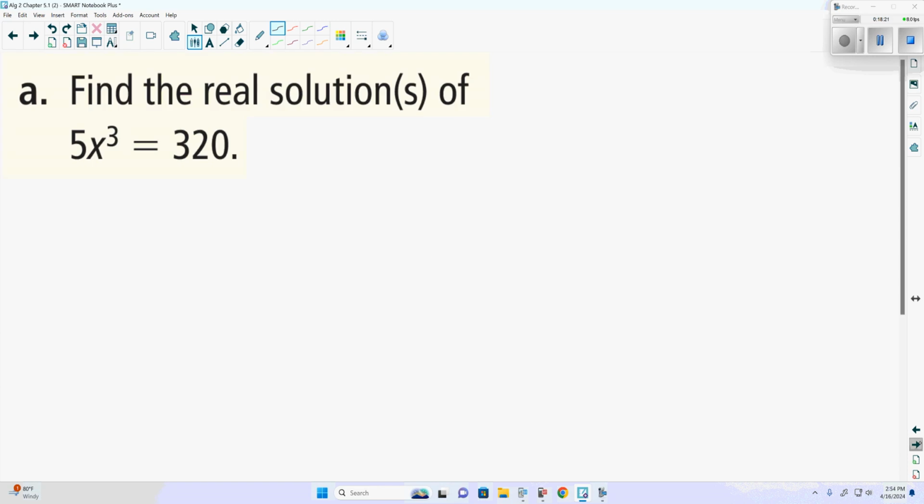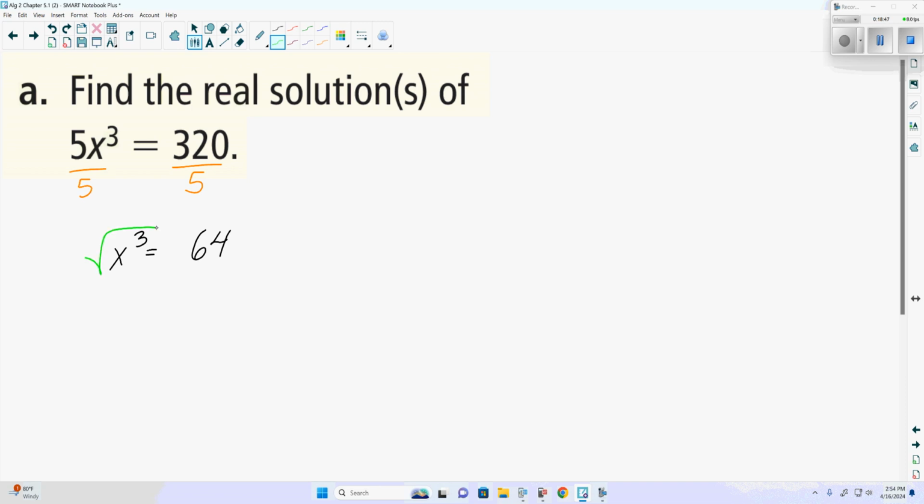Find the real solutions of 5x cubed equals 320. Is our term to a power by itself? So we're going to divide by 5. 5x cubed divided by 5 is x cubed is equal to 64. Now our term to a power is by itself, so we can take the nth root of both sides.